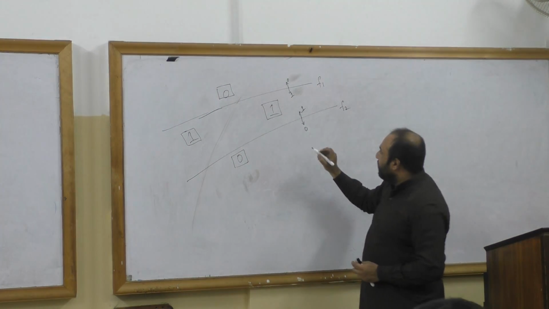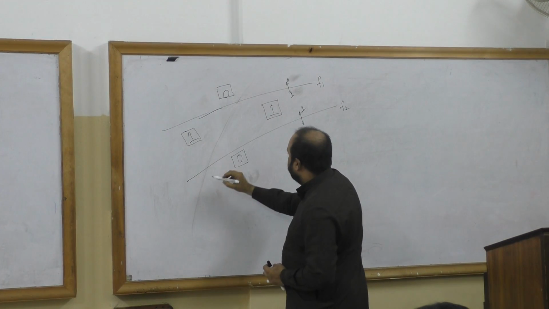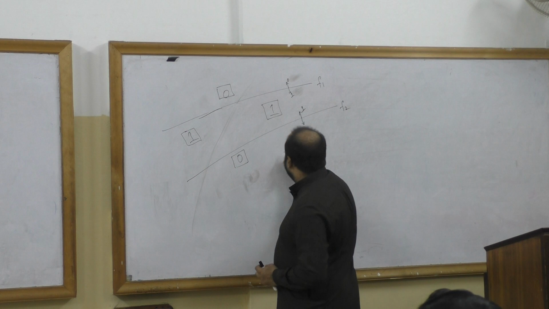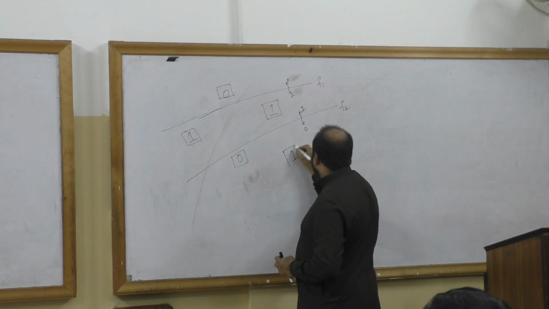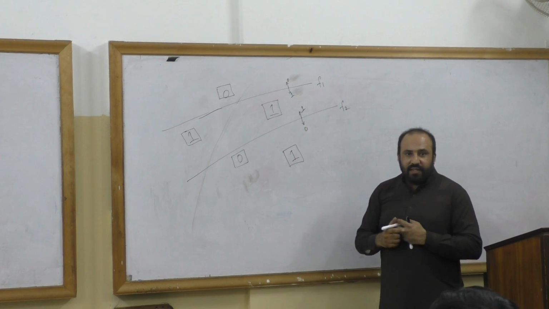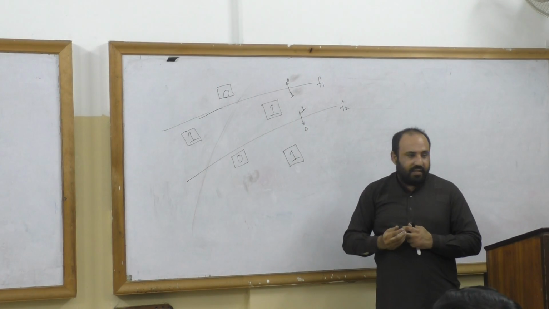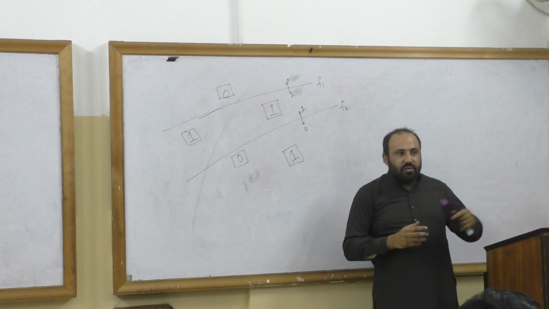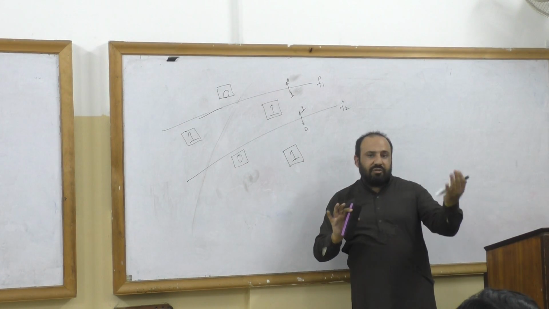Will this stay the same if I have this one here? No. Can I do this by two lines? No. I can redraw the two lines. Can I come up with the rules by two lines? If I cannot, then I will introduce a third line.